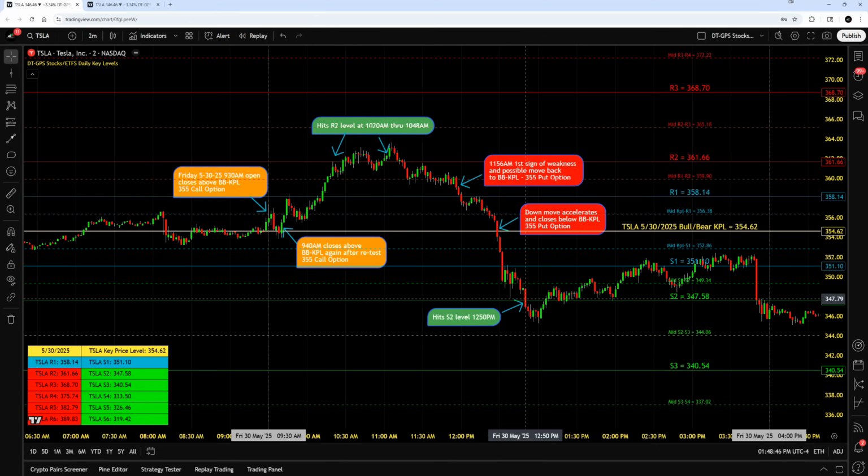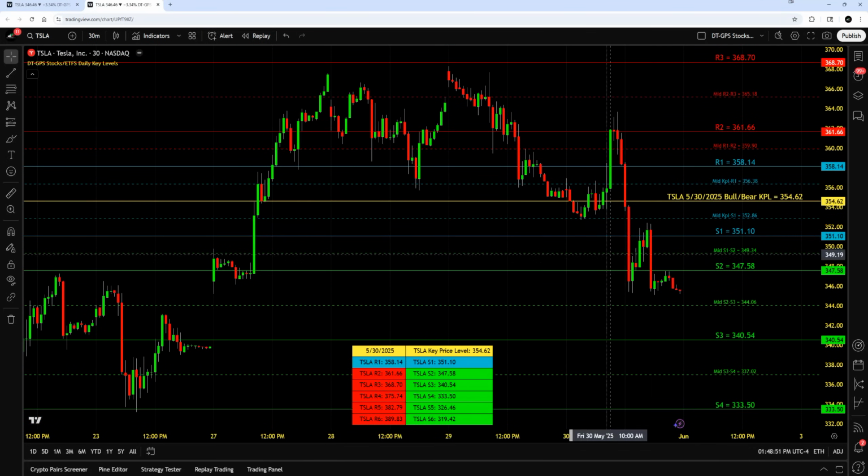Going back to our longer term chart, as you can see here, these are the 30-minute candles. At the 9:30 open, we had a move back up into this area here from the previous day, and then a move back down to test this area here.